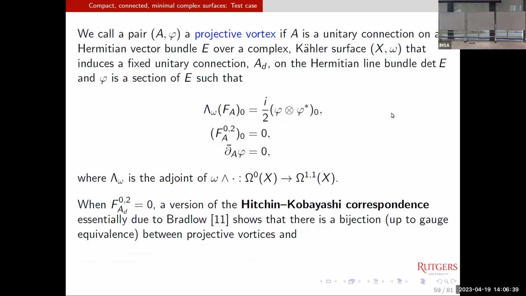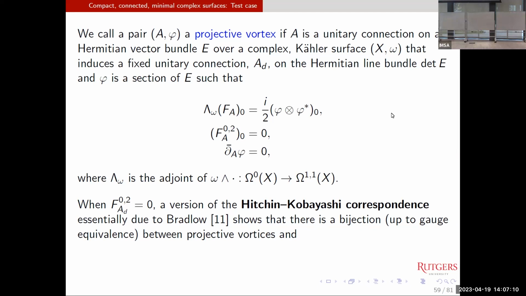Here we have the unitary connection on a Hermitian vector bundle, and P is a section of that bundle, and they satisfy these equations. These are formally rather like the Seiberg-Witten equations on a surface that I described in Donaldson's expository paper around the same year.